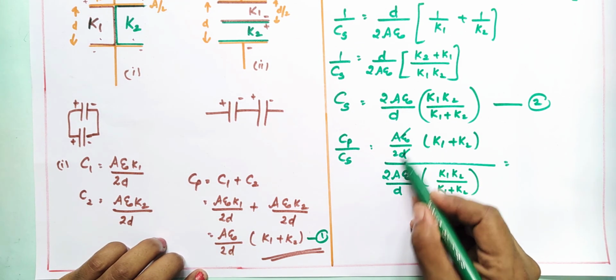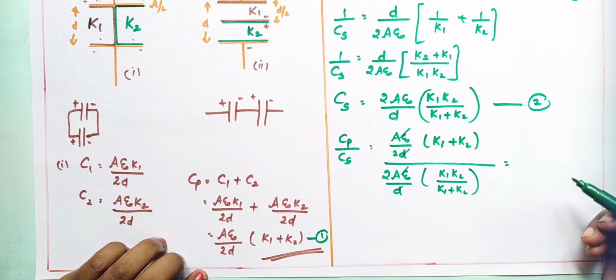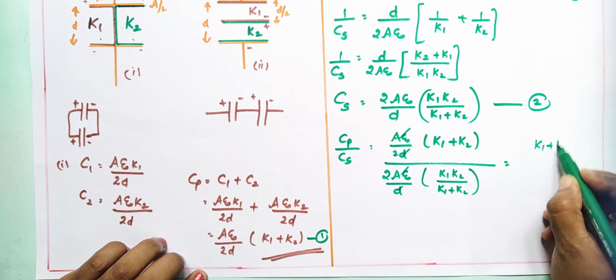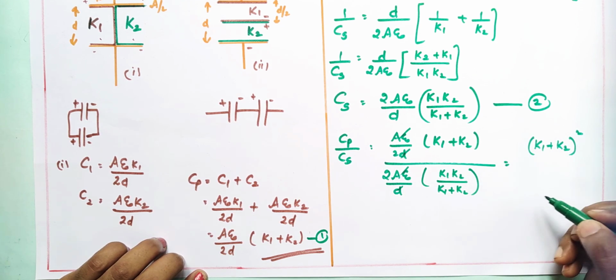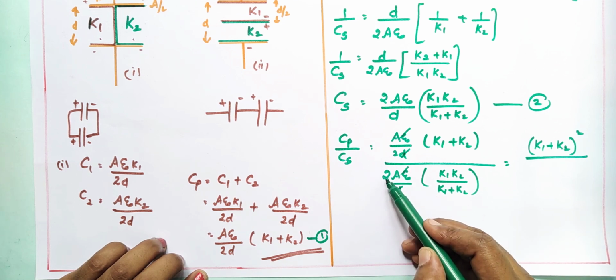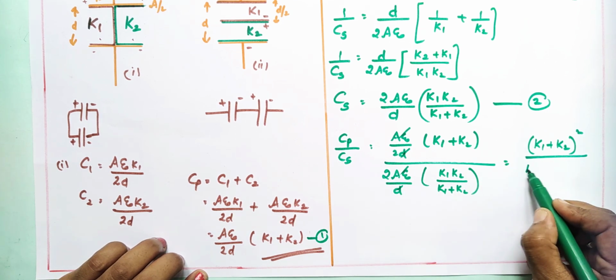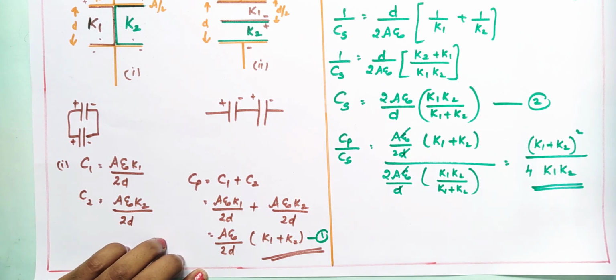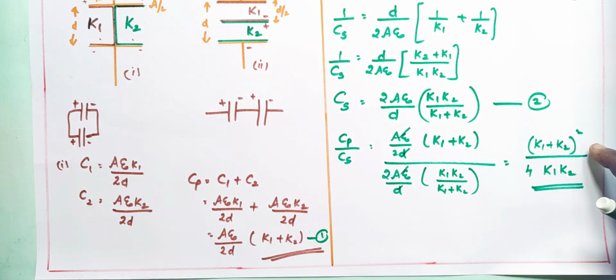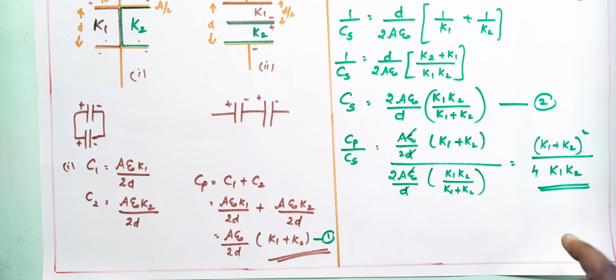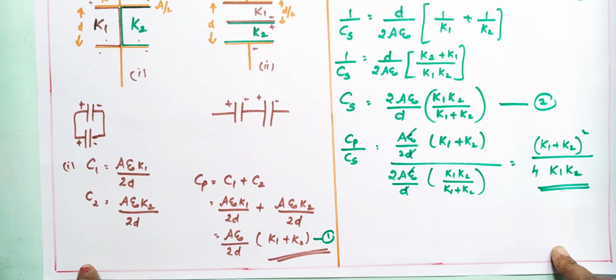A epsilon 0 by D cancels. This K1 plus K2 comes to the numerator, so the numerator becomes K1 plus K2 the whole square, and this 2 and this 2 become 4, so 4 into K1 K2. So this is the answer: K1 plus K2 the whole square divided by 4 K1 K2. That is the ratio of the capacitances between these two values.